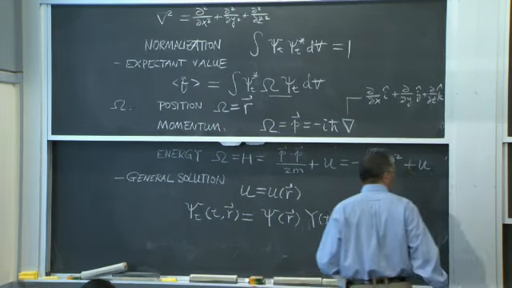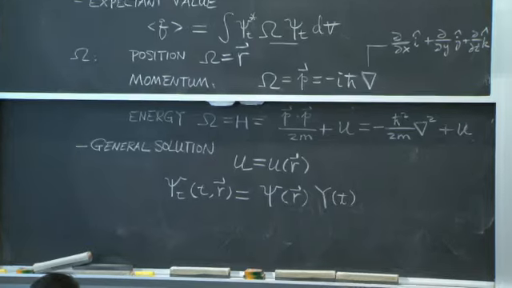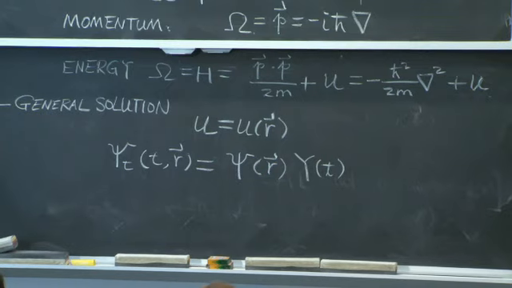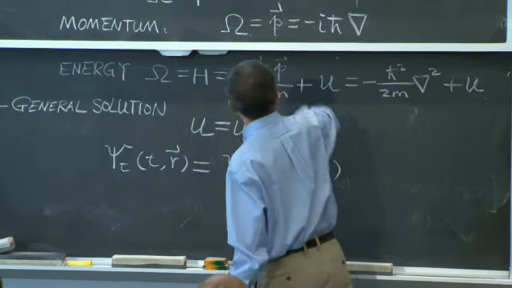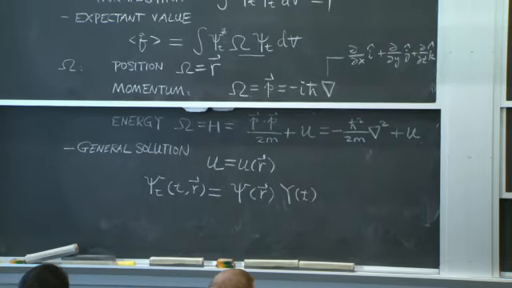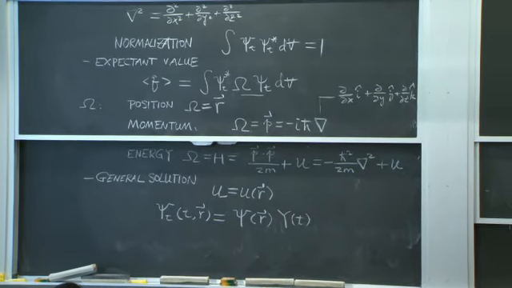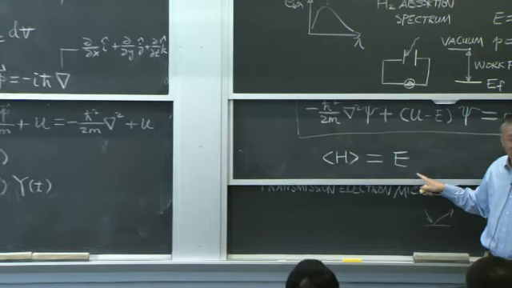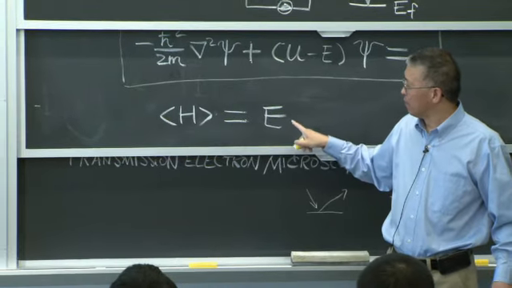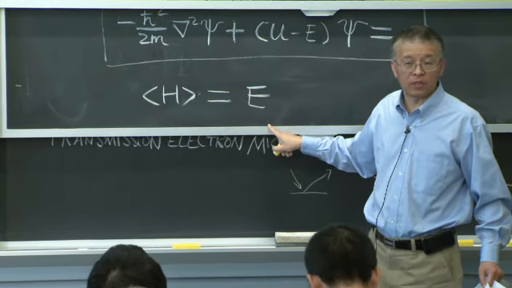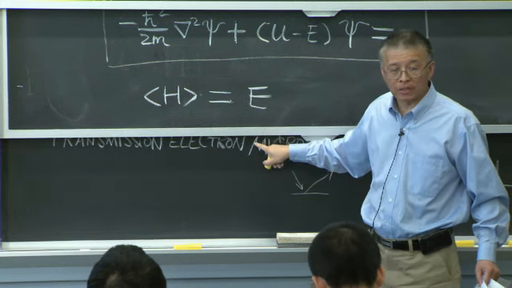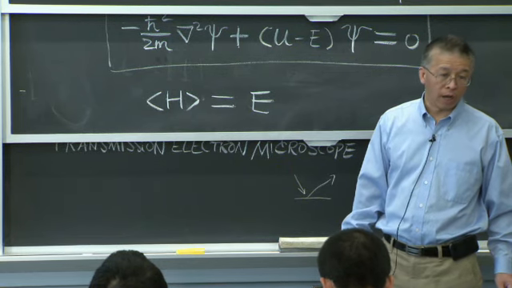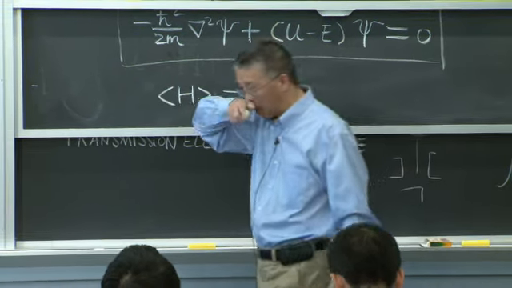Here, the energy operator is H. If you substitute using the expectation value and use the Schrodinger equation, you'll find that this H expectation value is actually E. I'm not going to go through all the math, but the separation of variables constant E actually represents the energy of the system, the allowable quantum energy states.